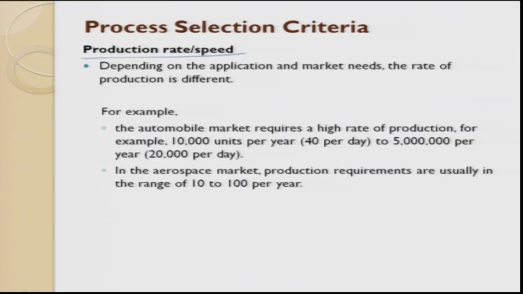Production rate, speed: depending on the application and market needs, the rate of production is completely different. Generally, the automobile market requires a high production of around 10,000 units per year. In the aerospace market, the very high production demand will be 10 to 100 per year.